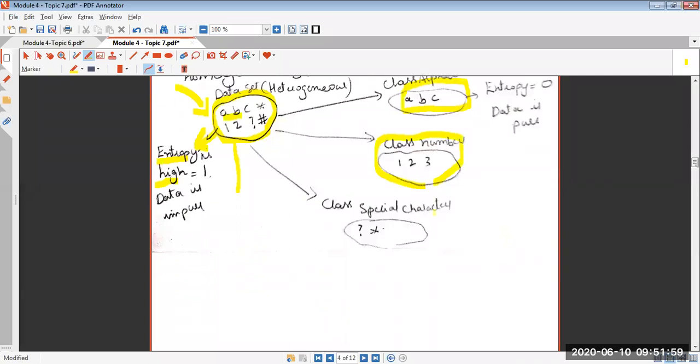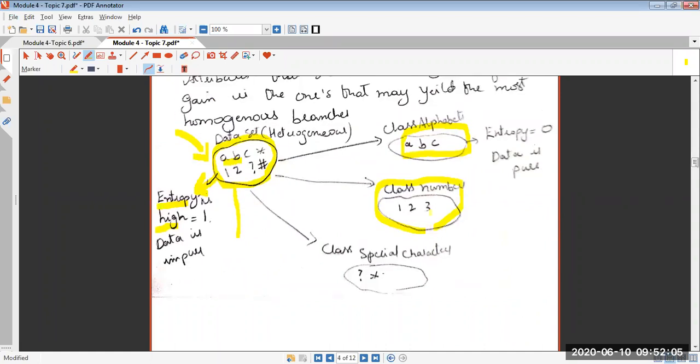We will use the help of a decision tree, meaning that you should construct a decision tree. Now, a question to you: how will you identify that A, B, C belongs to class alphabet? How will you decide on this? The answer to this question is you can decide based on the attributes.